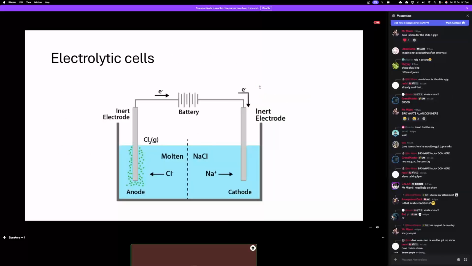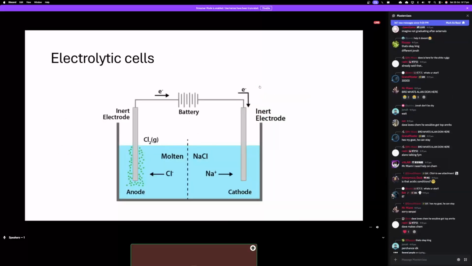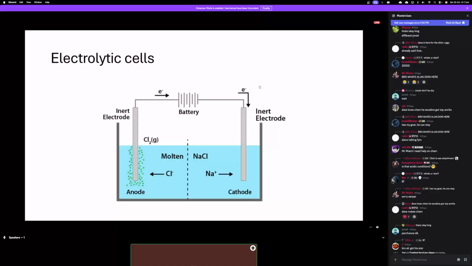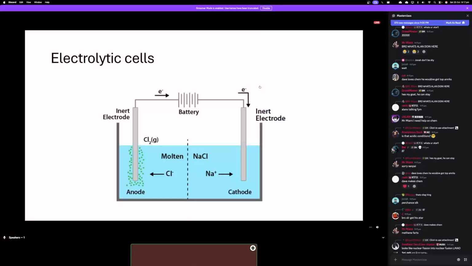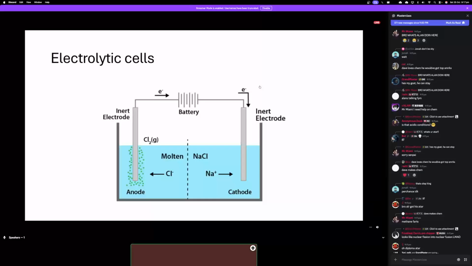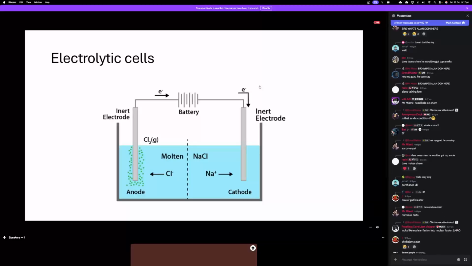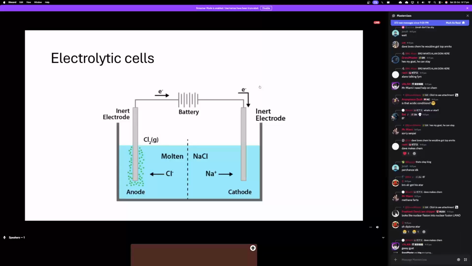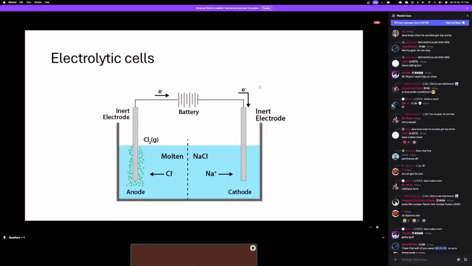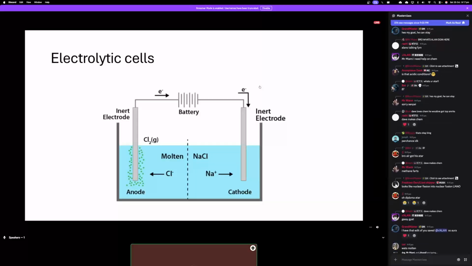So here we have molten sodium chloride, and it is electrolysis, right? I don't actually have the E cells, so I'm going to just quickly steal it. Where can I find it? If someone could tell me the voltage required, that would be appreciated.